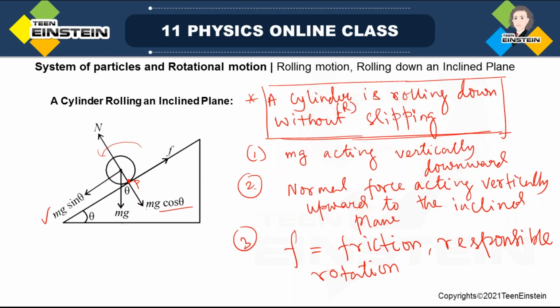This friction is responsible for rotation, whereas mg sin theta is responsible for translation. That we have already learned in work, power, energy, and before that also. So mg sin theta is responsible for translational motion.